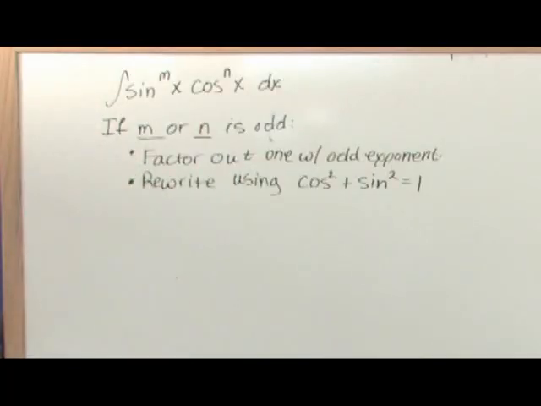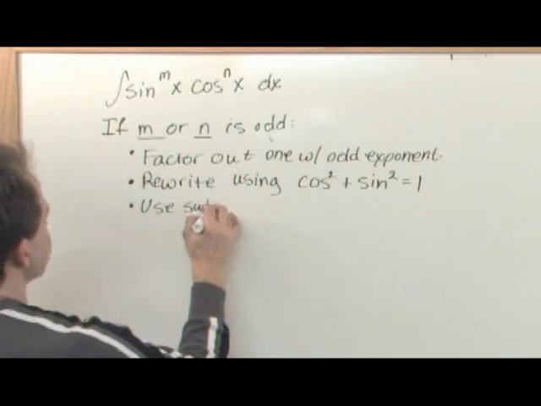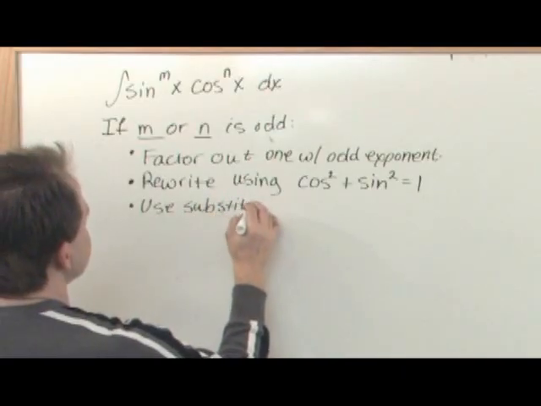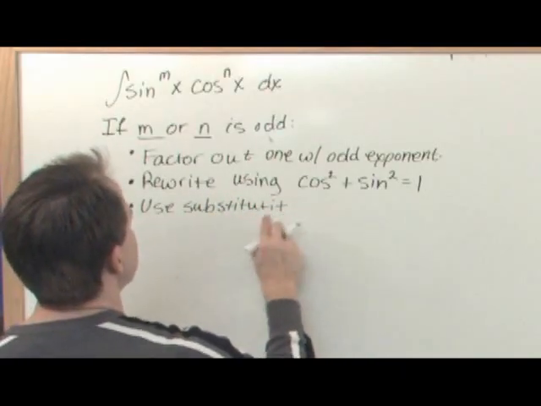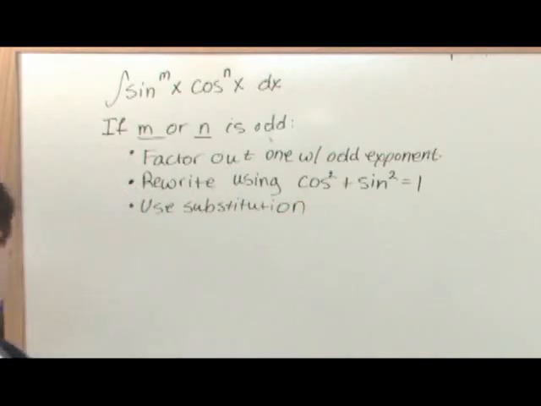Then you'll use substitution. That's the basic cookie cutter thing. Now you can't get too wrapped up in this formula. It's not going to be perfect, but it's going to get you through most of the cases.